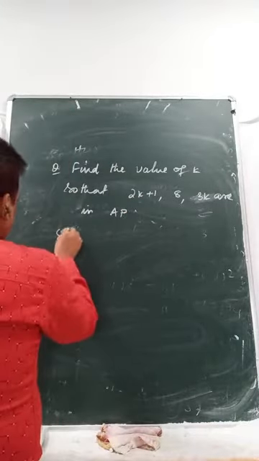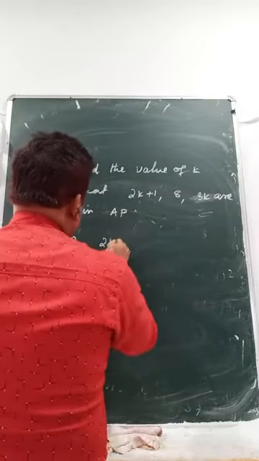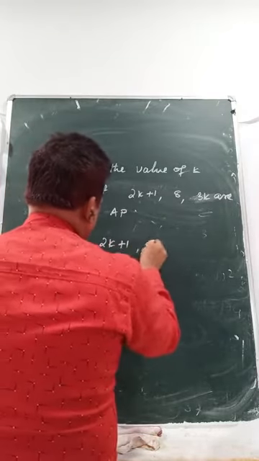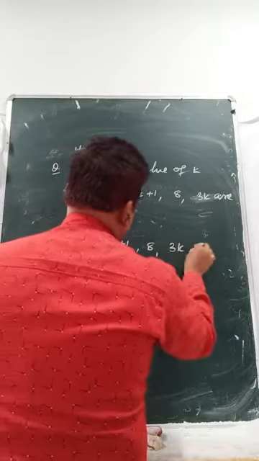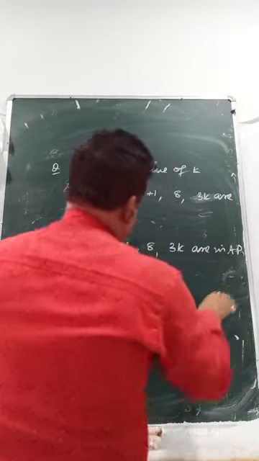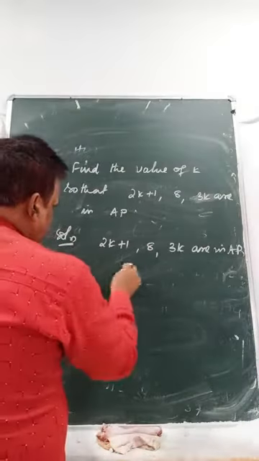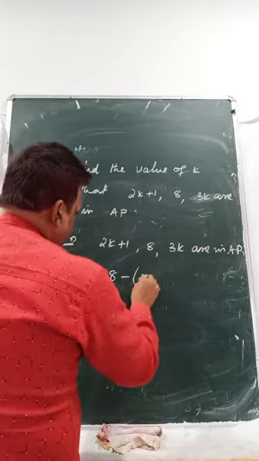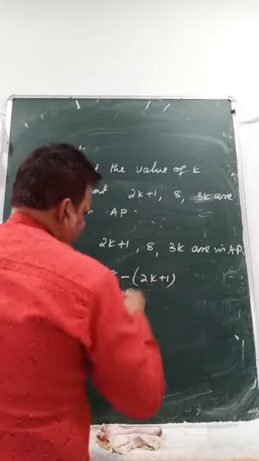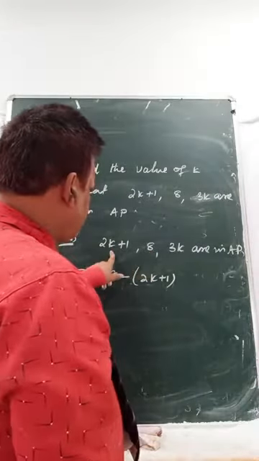So we have to write here that 2K plus 1, 8, 3K are in AP. AP means this minus this. That is 8 minus 2K plus 1. Subtraction of these two equals to this minus this should be equal to this minus this.